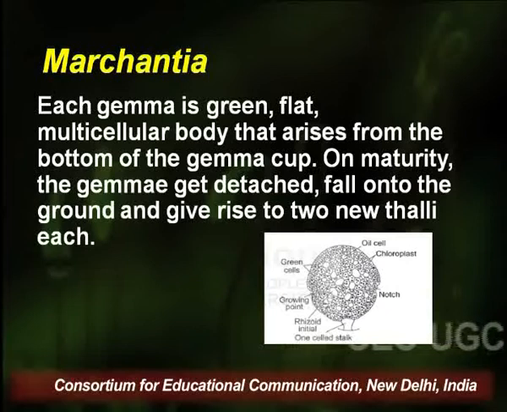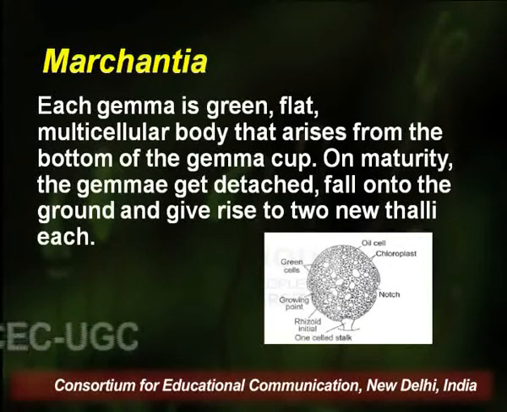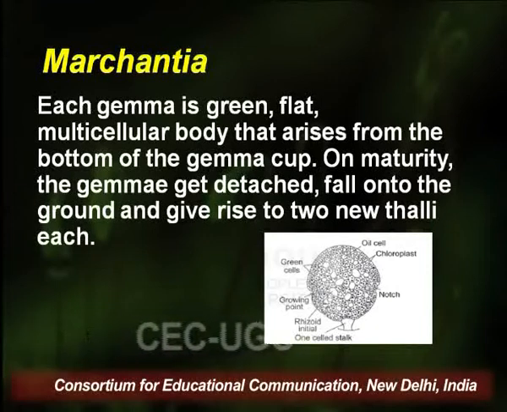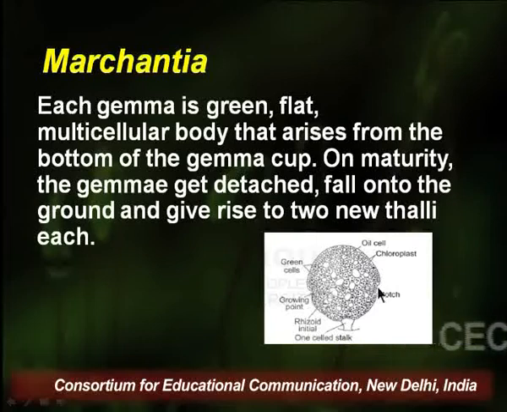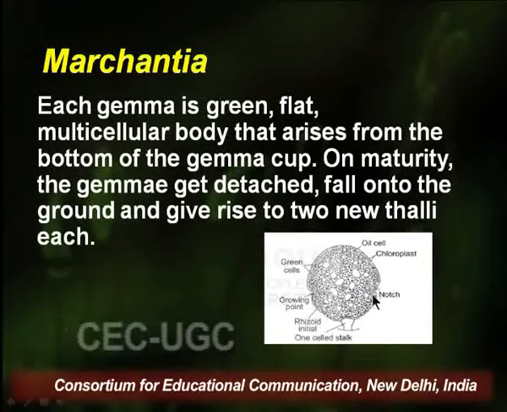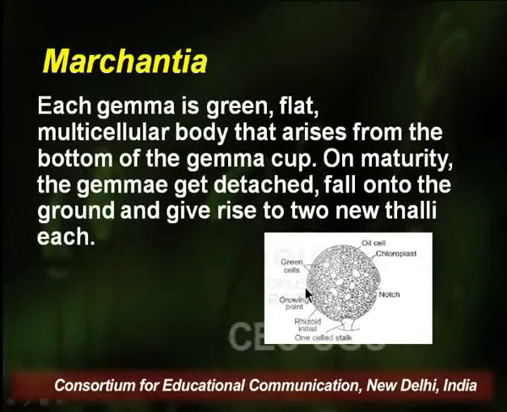On maturity, the gemmae get detached, fall onto the ground and give rise to two new thalli, each from the two notches. Here in this diagram, you could see that there is one notch on the right hand side and the other notch is on the opposite side.